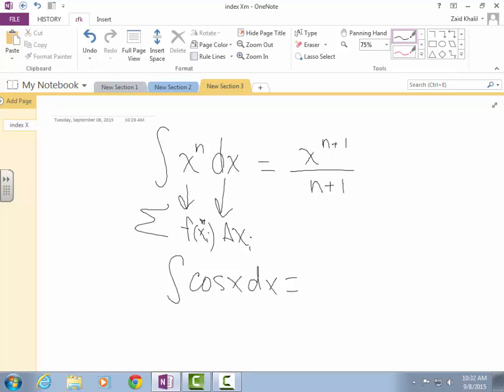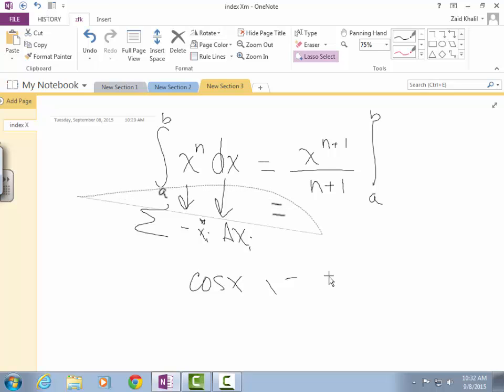I reject the whole plus c. The reason I reject it is because we're always going to be dealing with definite integrals. So I'll put a, b. From a to b. Before I go any further, what does this mean? What does the right side equal?